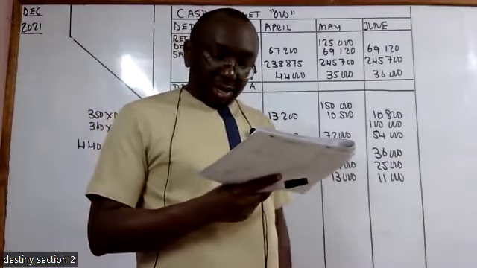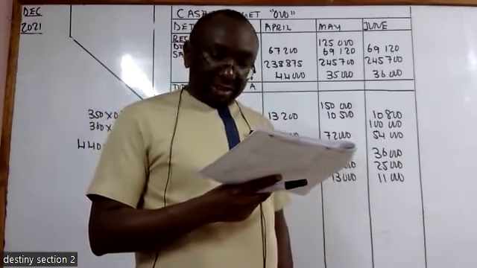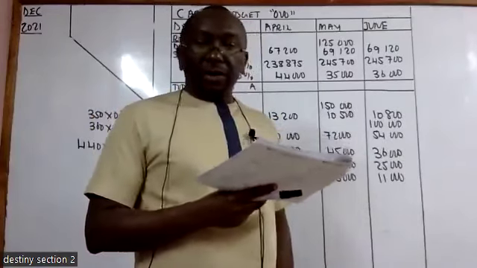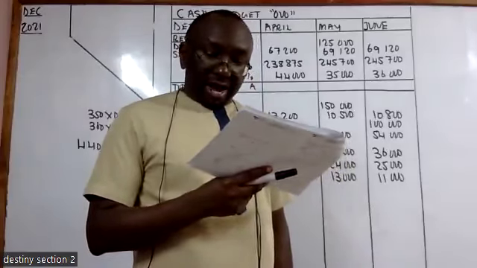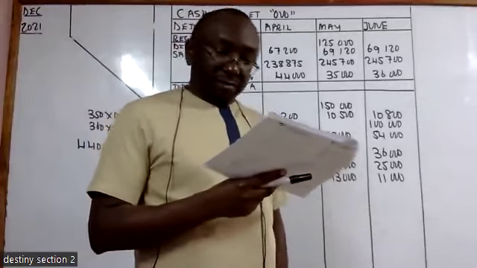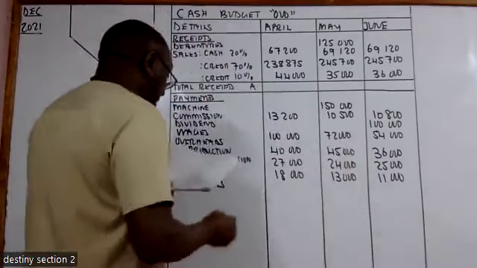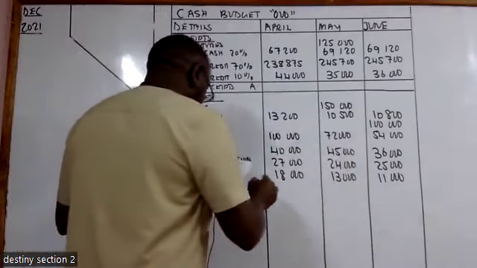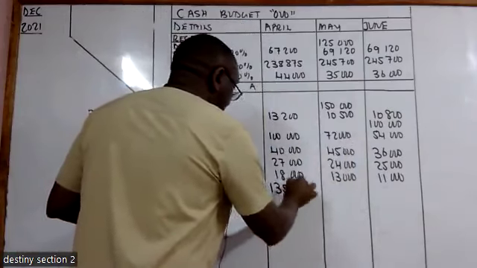So here we take that they are paying within the credit period, and therefore the purchases of March will be paid in April. So coming here for March, you can see there was 135. That is what we are paying there.